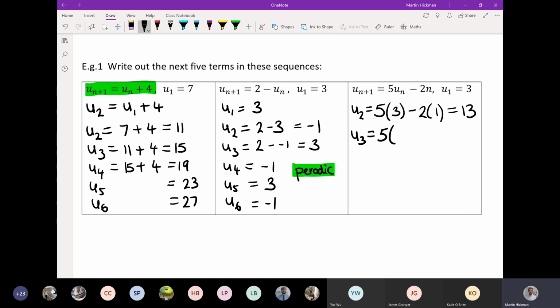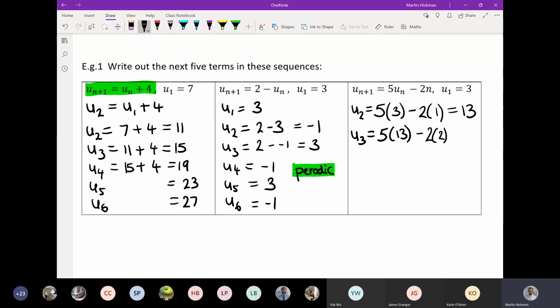And then for the next term, I'm going to be doing, sorry, it's now 5 times 13. So 5 times u2, take away 2 times 2, because in this next one, I'm putting in n equals 2. So this is 2 plus 1, so u3 to get this term here.